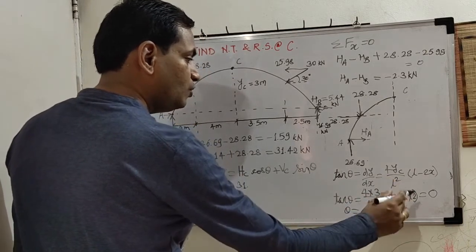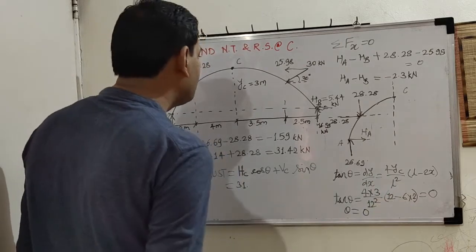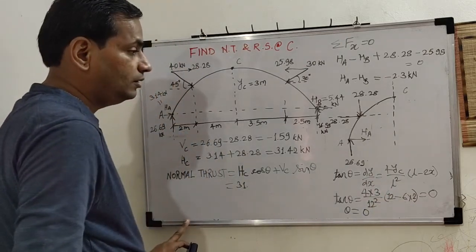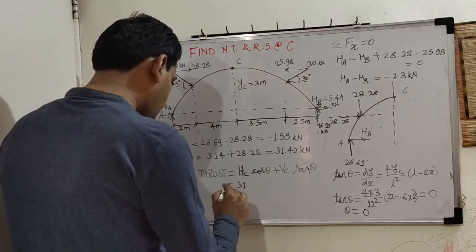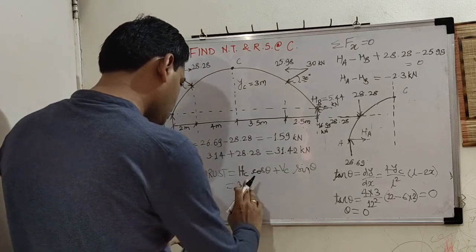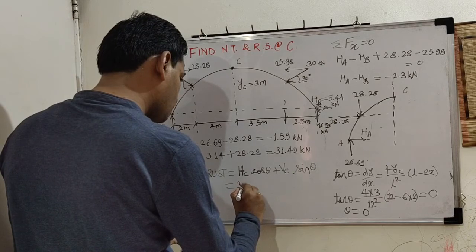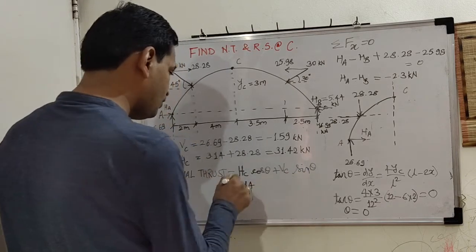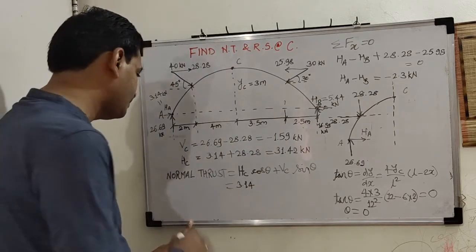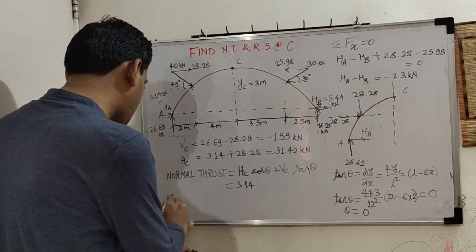I hope this is correct. Yes. So 31.42, cos 0 is 1, plus sin 0 is 0. So that is the normal thrust, and now the radial shear.